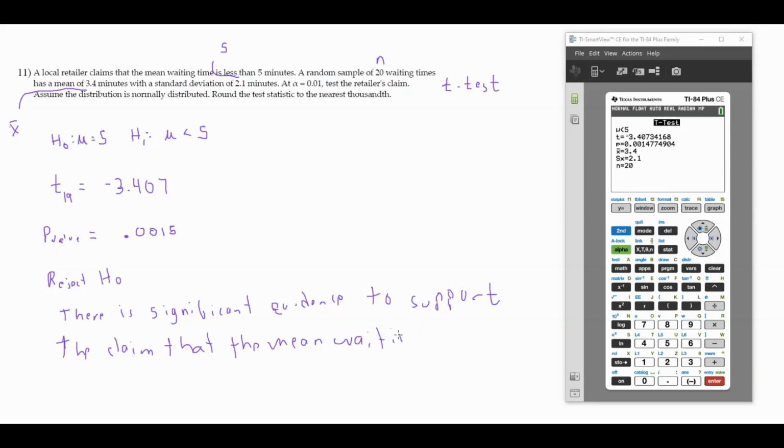The claim is the alternative, so I'm writing in words basically this alternative. The mean waiting time is less than 5 minutes.